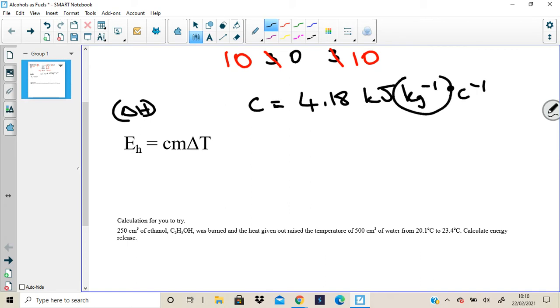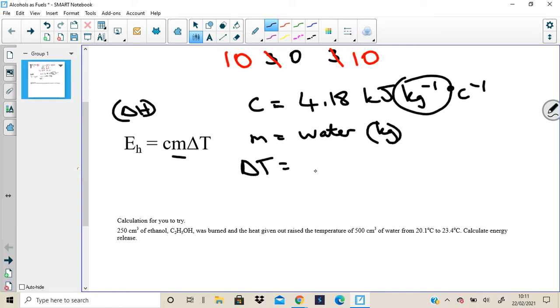And it's kilograms here that's important because the next thing is the M, which is always the mass of the water. That's highlighted on both slides and the video. You need to convert that, and it will be in centimeters cubed, volume. So you'll need to divide that by 1,000 to get kilograms. Okay.